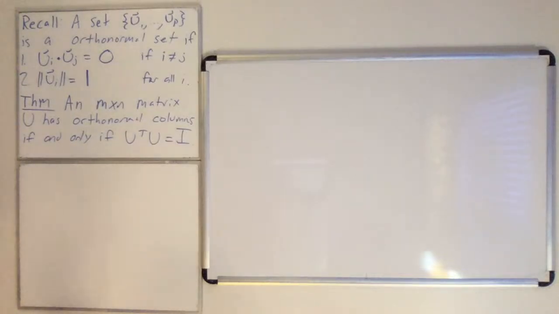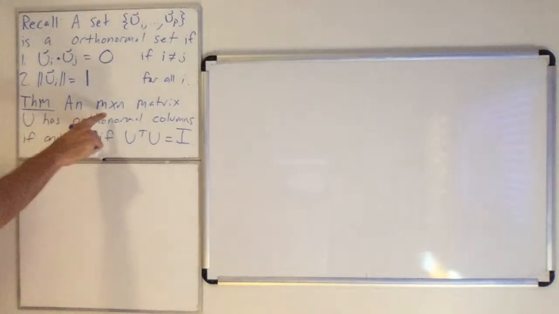Yeah, Shutong, another way to write what we wrote here: the magnitude of ui is the square root of ui dot ui, which is just 1 in our case.